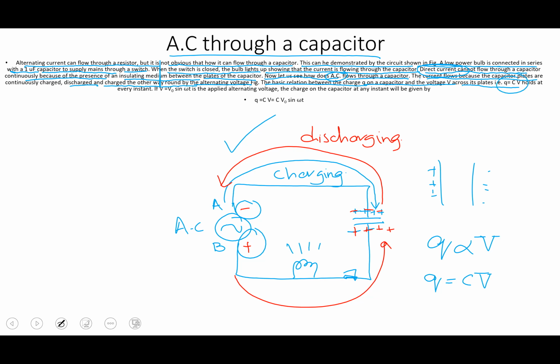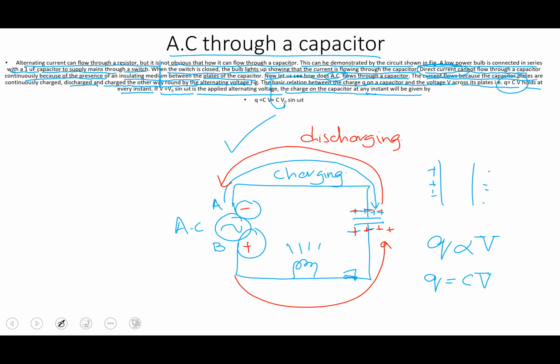Q = CV holds at every instant. V = V0 sin ωt is the applied alternating voltage. The charge on the capacitor at any instant will be given by Q = CV, which is equal to C V0 sin ωt. So in this case, we can see very clearly that charge is strictly proportional to voltage. So as the charge increases, the voltage also increases simultaneously.